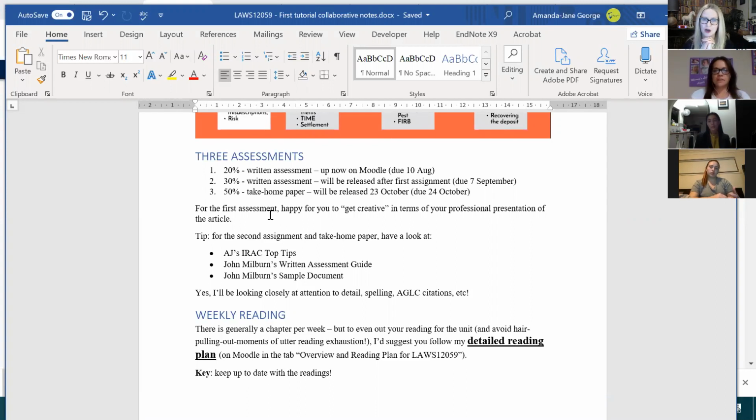In my take-home papers, and particularly because this is a second year elective and you should all be very, very familiar with AGLC citation method now, I still do require citations to be done properly in your take-home paper. Okay, so I'll just flag that for you now.